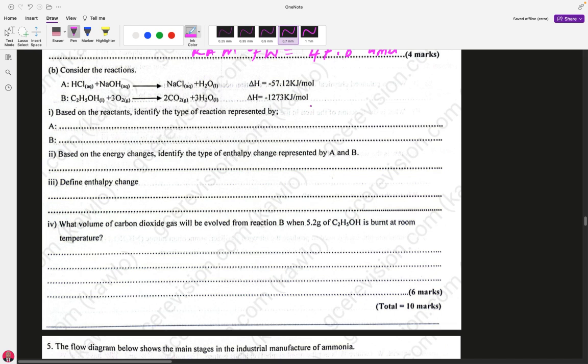When an acid reacts with an alkali, it is a neutralization reaction. Heat is being evolved. All are exothermic reactions. So number 1 is a neutralization reaction.